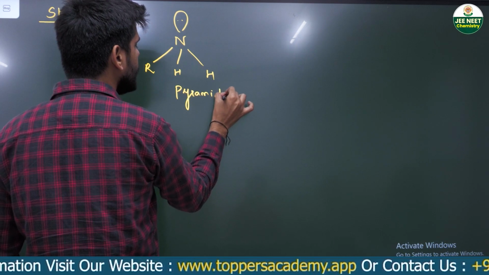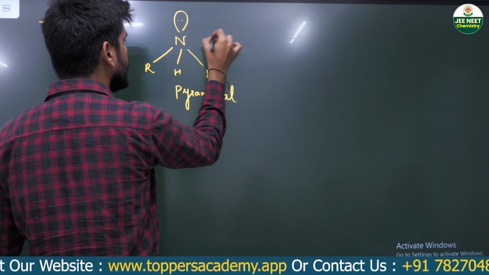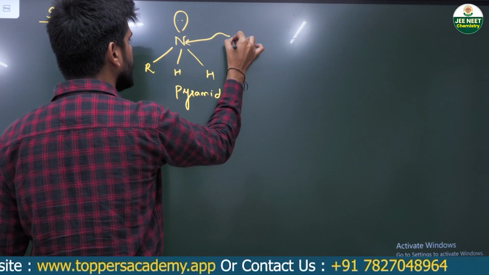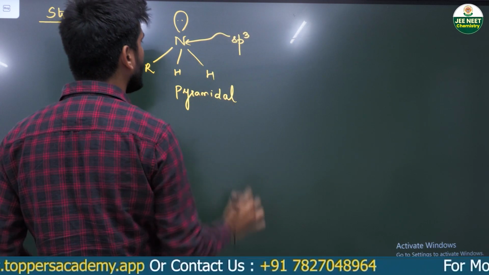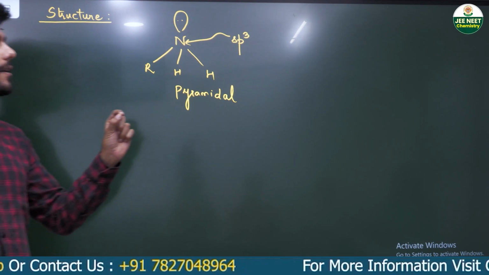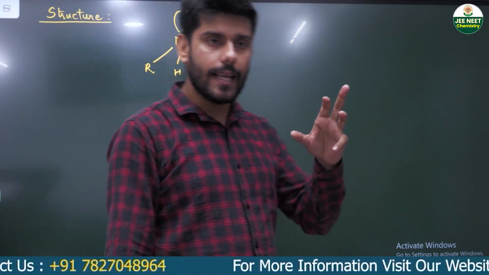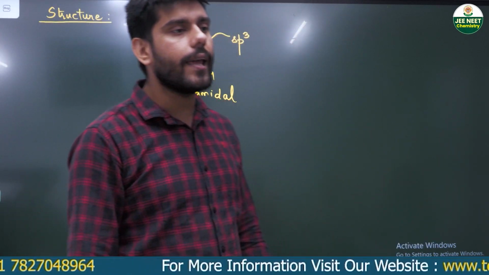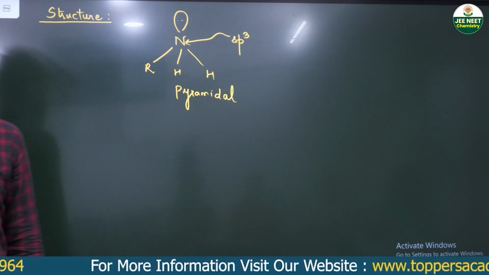And like I said, the hybridization of this nitrogen is sp3. Obviously, there will be lone pair, bond pair repulsion. Because of that, the bond angle is less than the usual tetrahedral angle of 109.5 degrees.